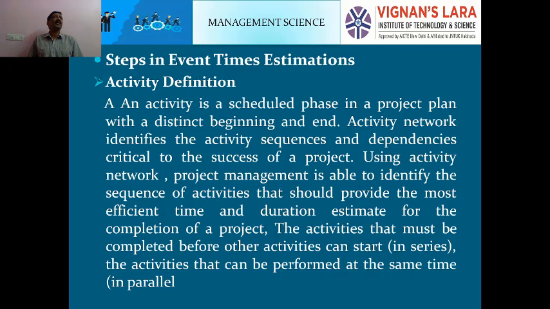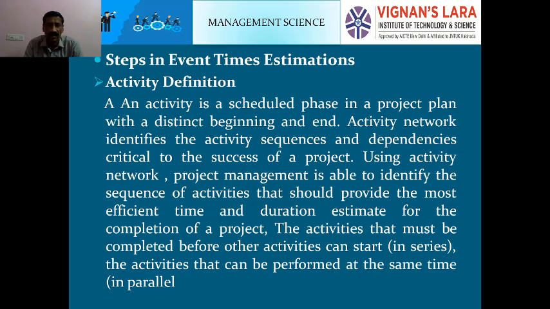Activity is a central concept which affects the two edges of the task, the beginning edge and the ending edge, and gives forward planning to the succeeding event. An activity is a scheduled phase in a project plan with a distinct beginning and end.